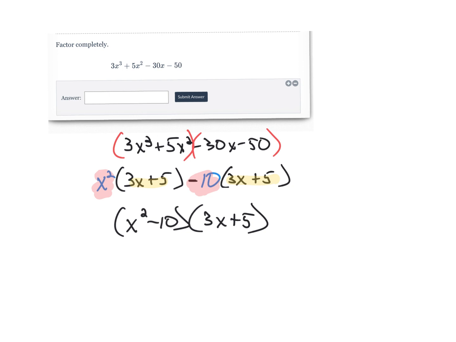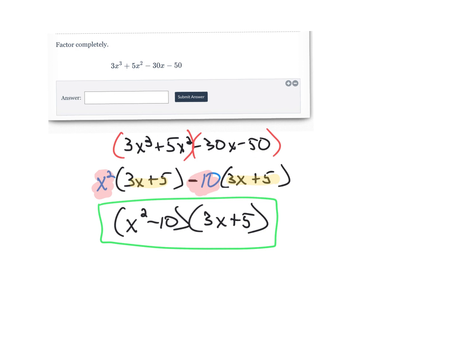And as long as these are all factored completely, then you have completed and you have your answer. What this means is if you were to FOIL this, first term, outside term, inside, and last, you would get this expression.